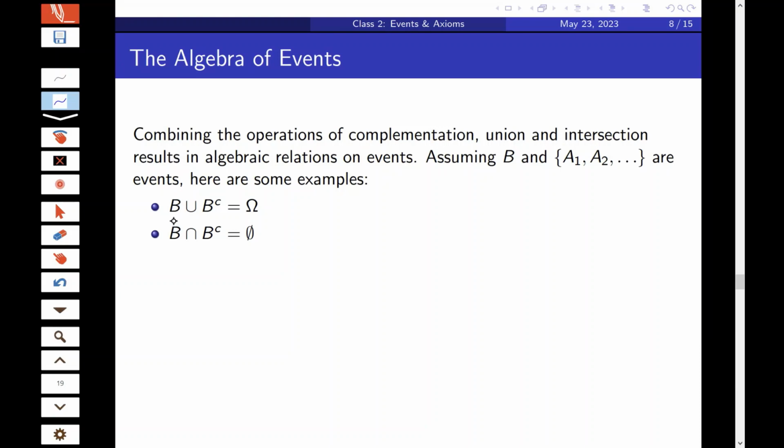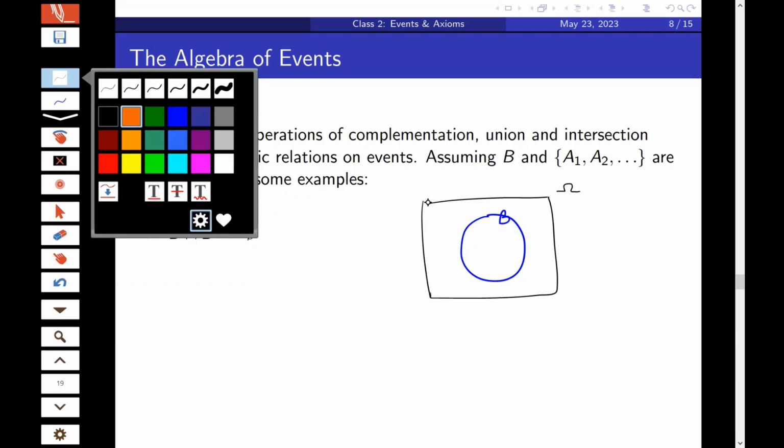Okay, so if you take B and B complement and take the union, you will get the entire sample space. We can visualize this easily here. This is omega, and here is event B, and outside of event B we have B complement.